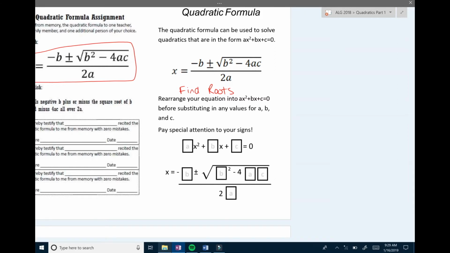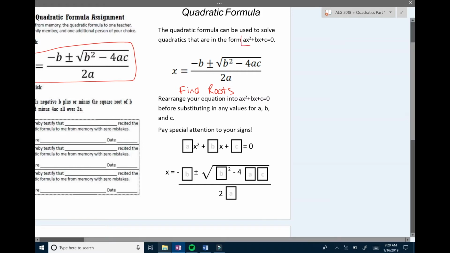Okay. So all you have to do is you're going to be given a problem like this: ax squared plus bx plus c. Remember that a is always the first term, b is always the second, and c is always the third.